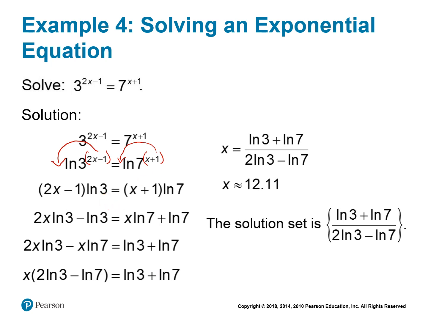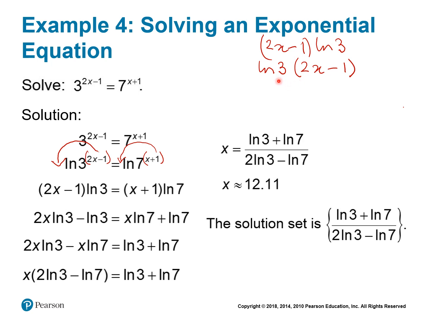Next is to rewrite 2x minus 1 times ln 3 using the distribution method. Let me just work it on the side a little bit. You see, 2x minus 1 times ln 3 is the same as writing ln 3 multiplied by 2x minus 1. This may help you better understand that there is distribution involved.